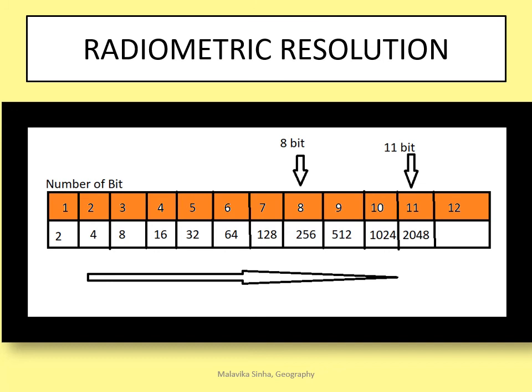This is the basic principle of radiometric resolution. More radiometric resolution provides a clearer picture. A finer radiometric resolution means the sensor identifies small differences in the reflected energy within the same band.